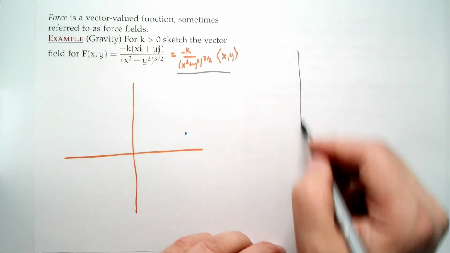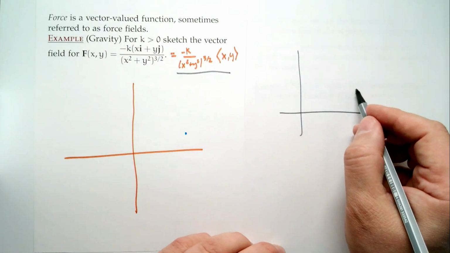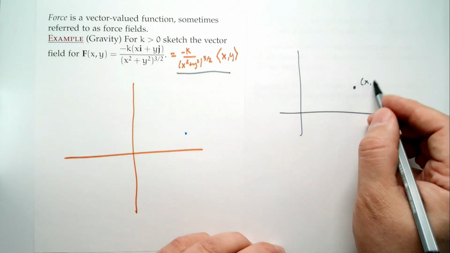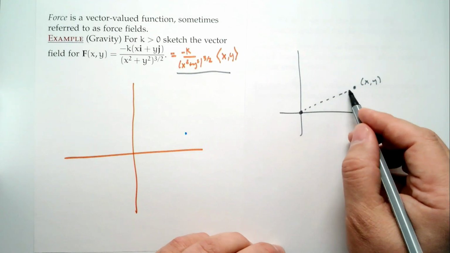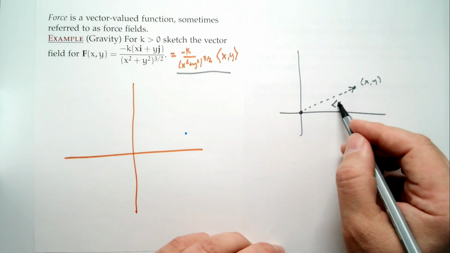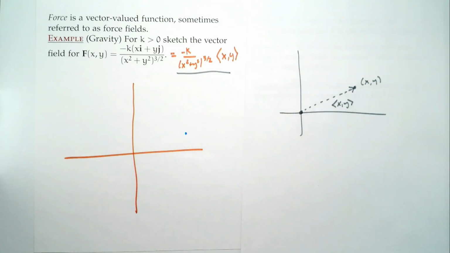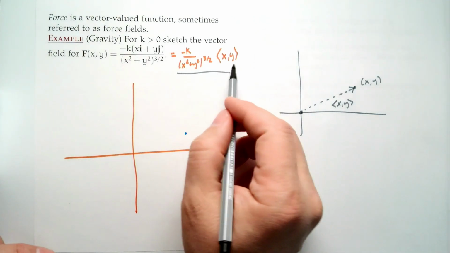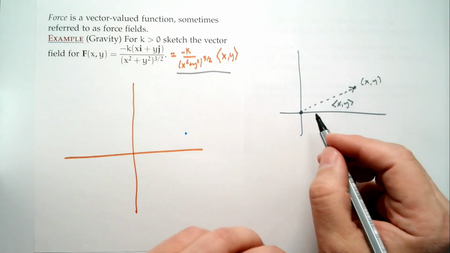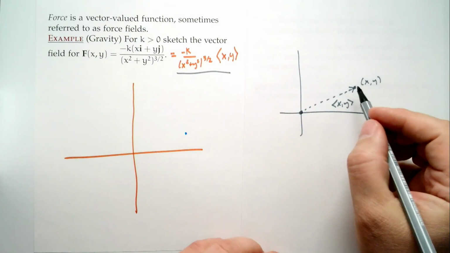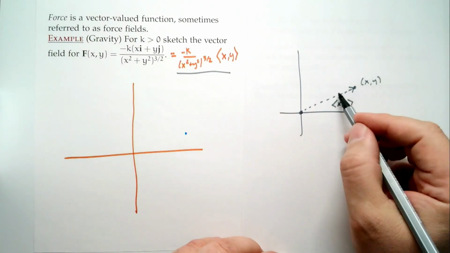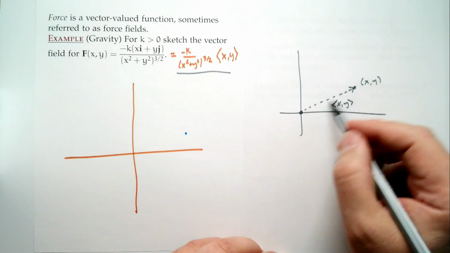Now, let me do some little scratch work here on the side. If I'm at the point x comma y, if I started at the origin and went to x comma y, that would be a vector that looks like this. Which means, when we see that we have an x comma y, we're going to be somehow parallel to that direction. So I'm going to be a vector that points somewhere either more out or more in.